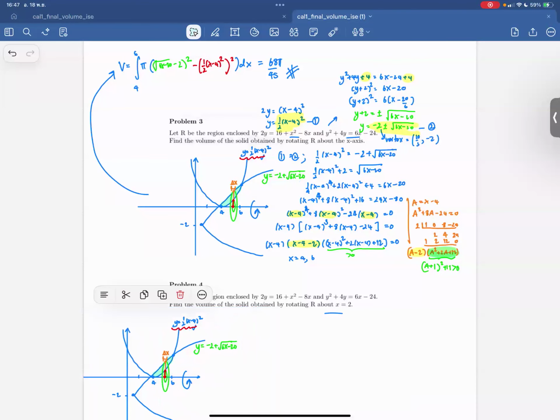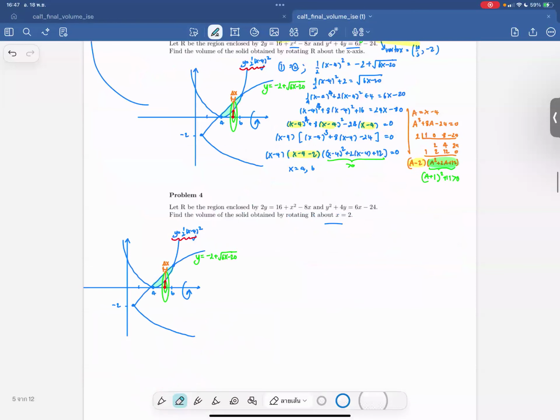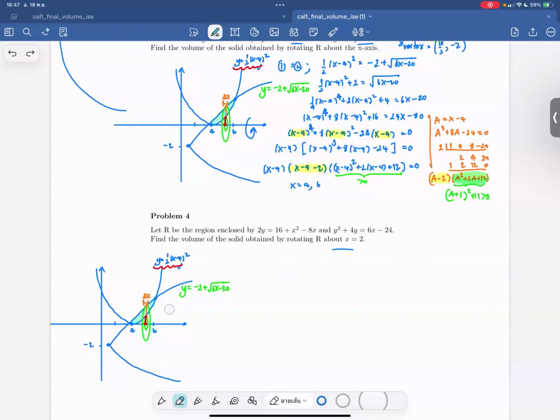But then we have to find the radius due to the change of the axis of rotation. So I may remove some here.